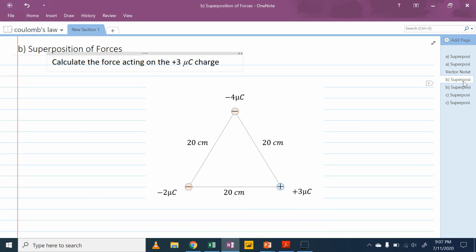Here's the same setup from the problem A that we did. The same 3 charges, the same geometry, but now calculate the force acting on the 3 microcoulomb charge, right? So you should now think about you being at the location of the +3. And I always like to draw either a stick figure or a smiley face, so I know where I am, and I can think about attracting to the -4 and attracting to the -2.